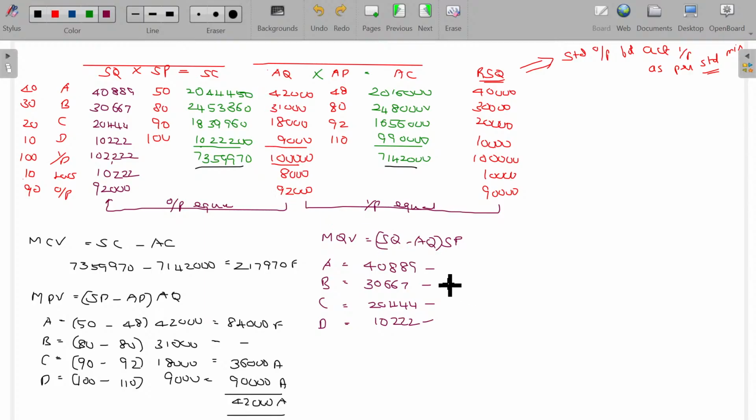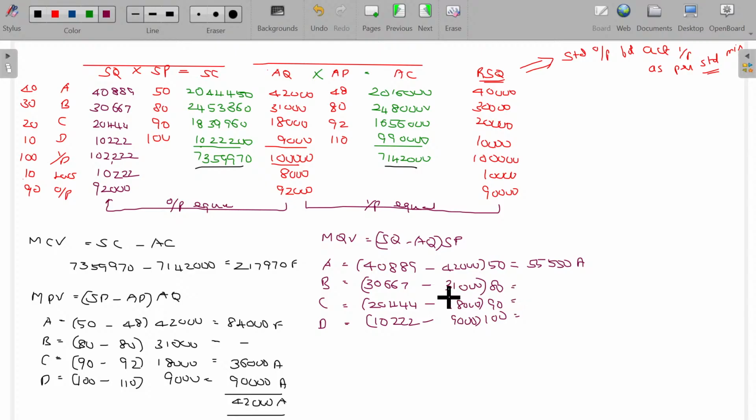Actual quantity being 42,000, 31,000, 18,000, 9,000. Standard price being 50, 80, 90, 100. Then the ultimate value in this case being 55,550 adverse.